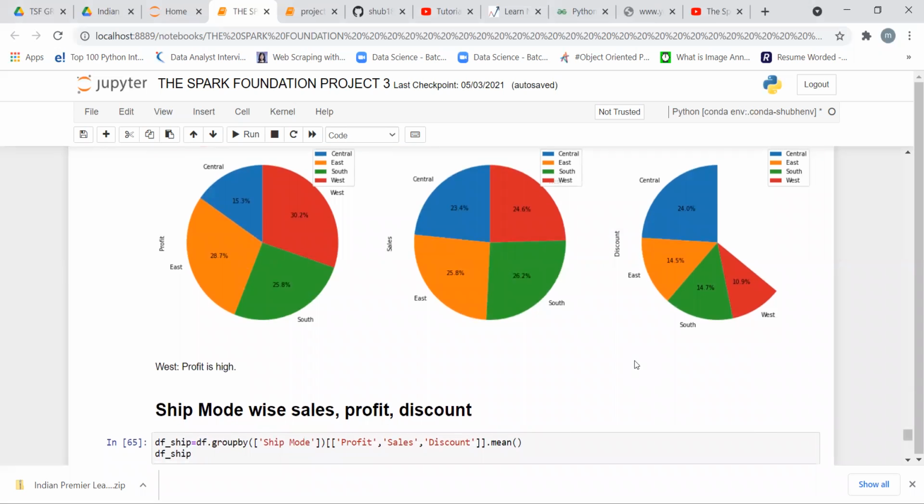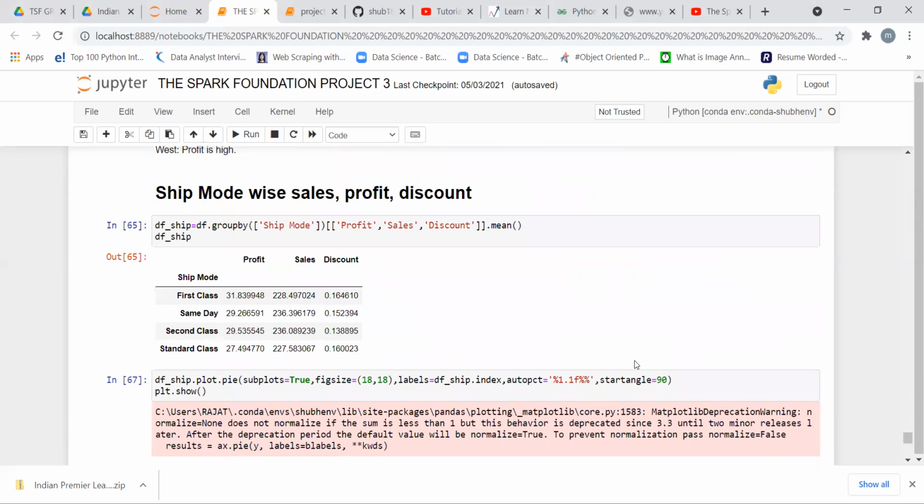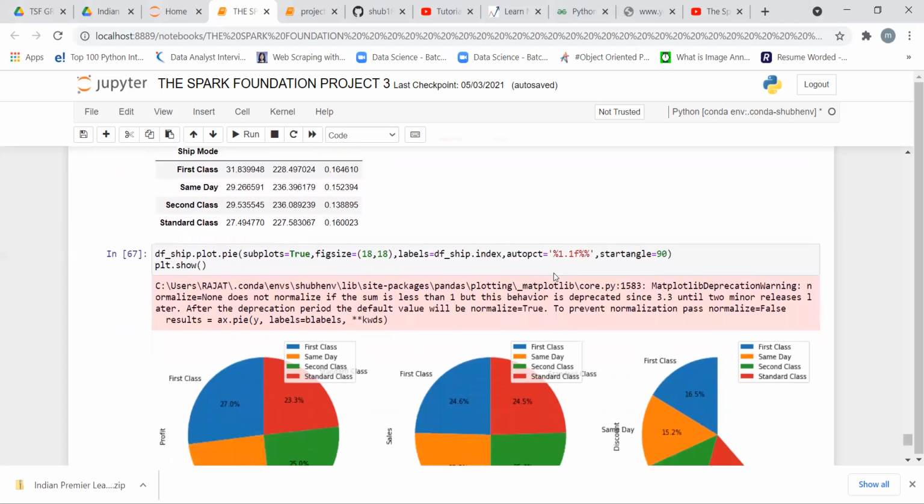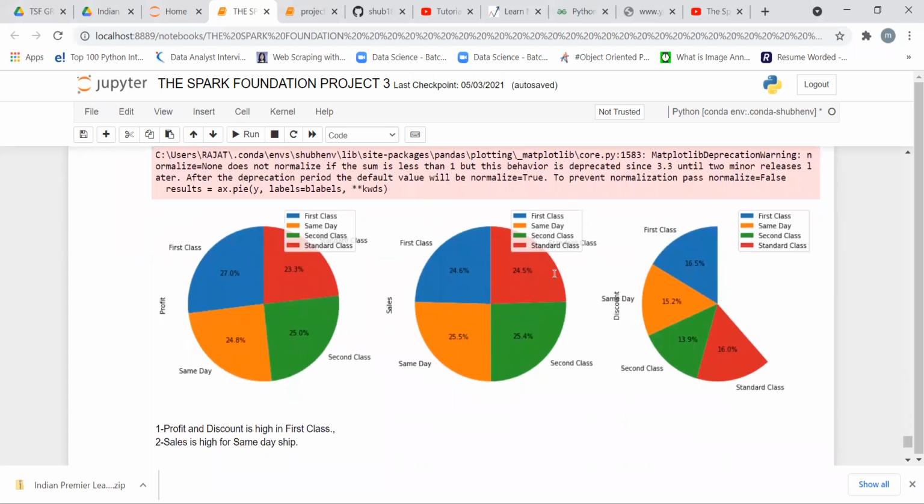Now we define our sales, profit, and discount in terms of ship mode. We have first class, same day, second class, and standard class. Ship mode is defined in terms of these four classes.